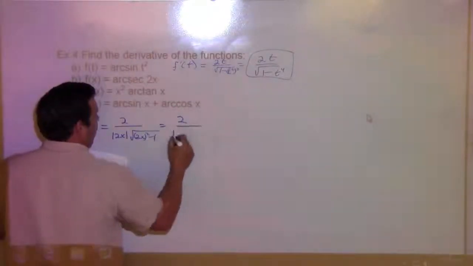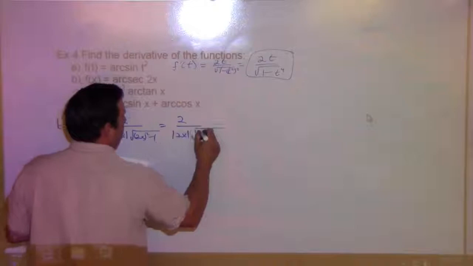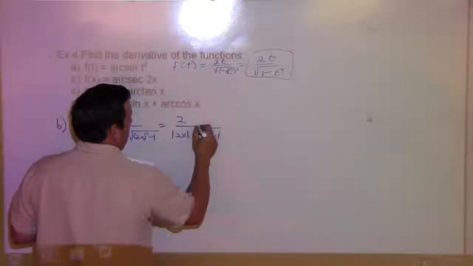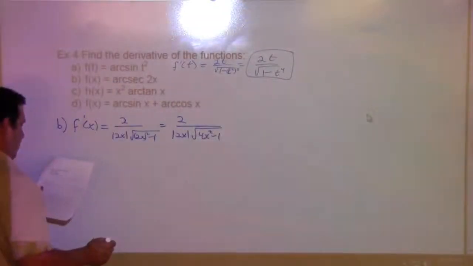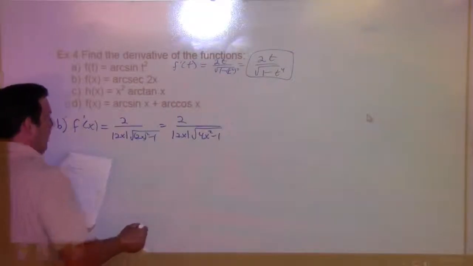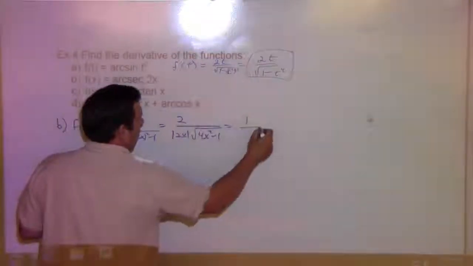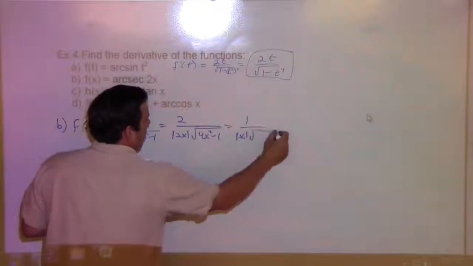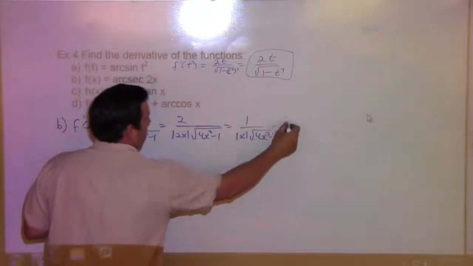That's 2 over the absolute value of 2x times the square root of 4x squared minus 1. You could divide those 2's out and it would be 1 over the absolute value of x times the square root of 4x squared minus 1.